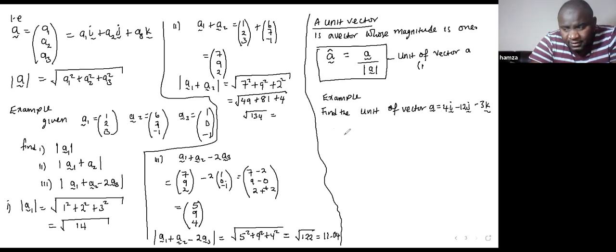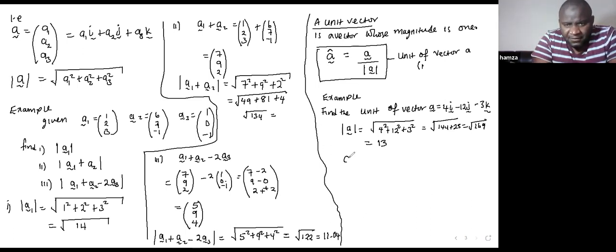So firstly, you need to determine the magnitude of A, which is got from the square root of 4 squared plus 12 squared plus 3 squared. This will give me the square root of 144 plus 25, which is the square root of 169. And the answer is going to be 13.